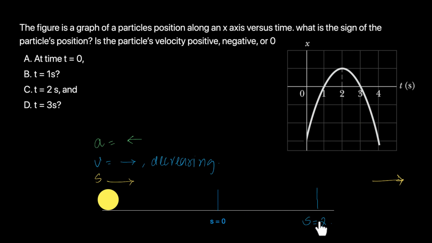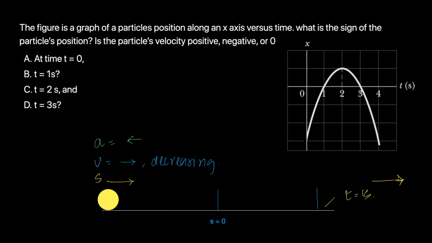Sorry, at time 2. That's time 2, not distance 2. Sorry, my bad. At time equals that value. So at time, not distance. Distance is probably just 1 because we see it over here. Time 1 second. Let's also put the second in here.